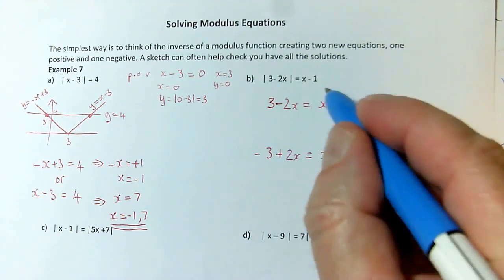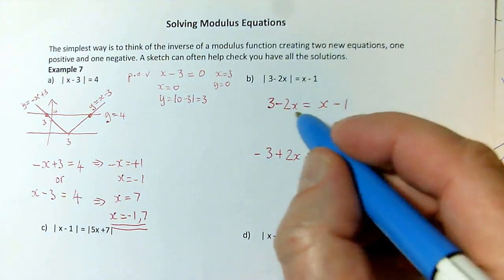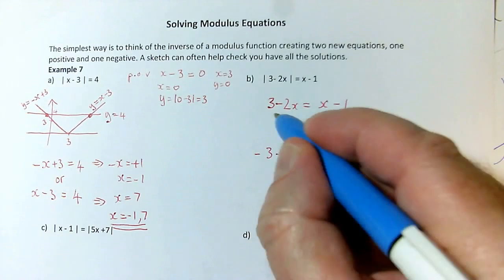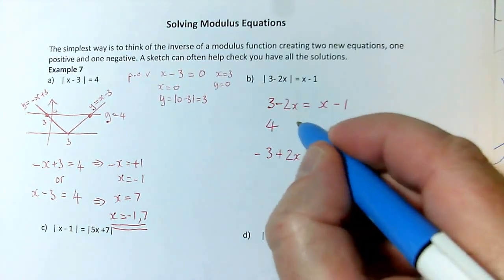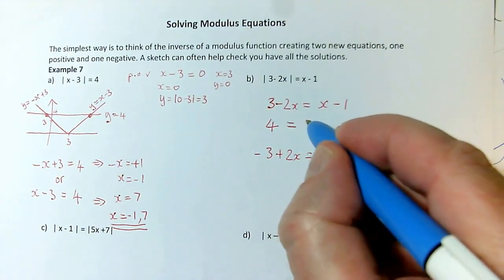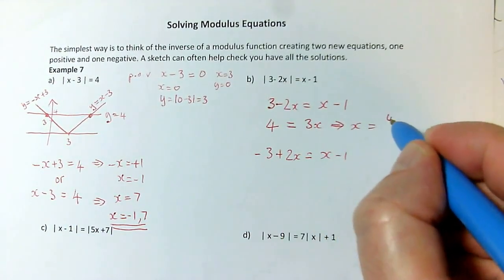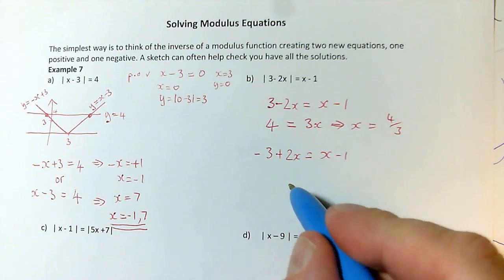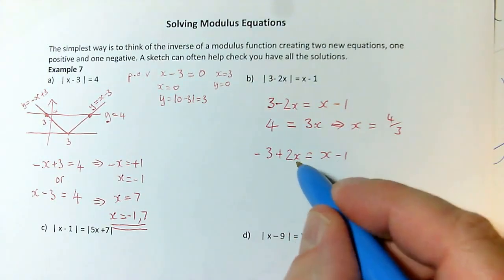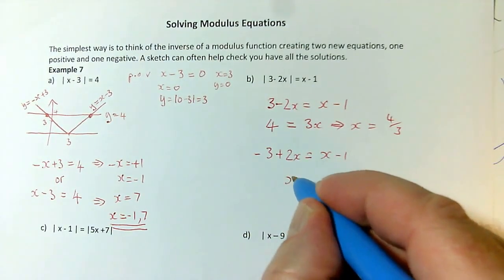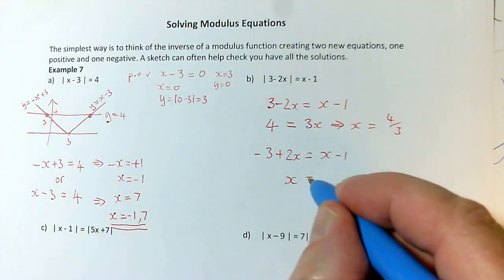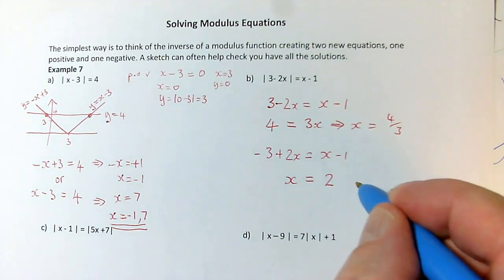So from the first one, if I add 2x and add 1 to both sides, adding the 1 to both sides gives me 4, and adding the 2x to both sides gives me 4 equals 3x. So that's going to give me x equals 4/3. And on the other side, if I take away x from both sides, 2x minus x is x. I'm going to have to add this minus 3 to get 2 on the other side, so x equals 2.